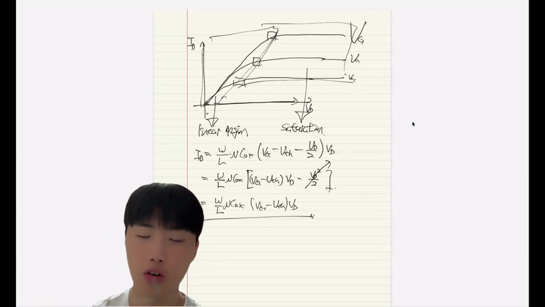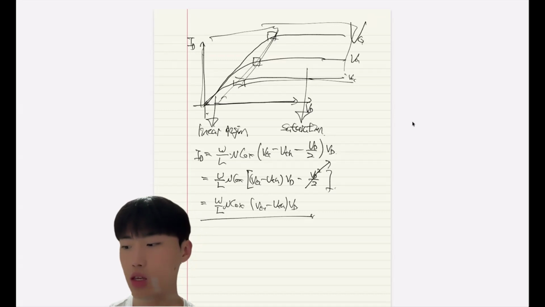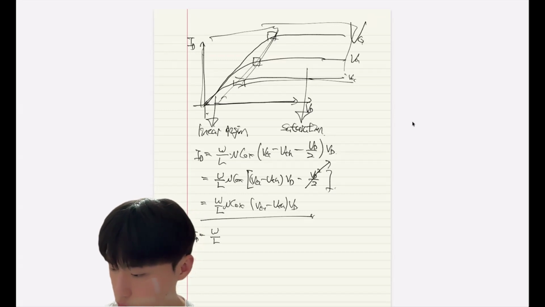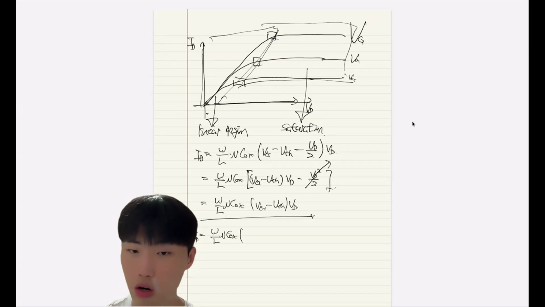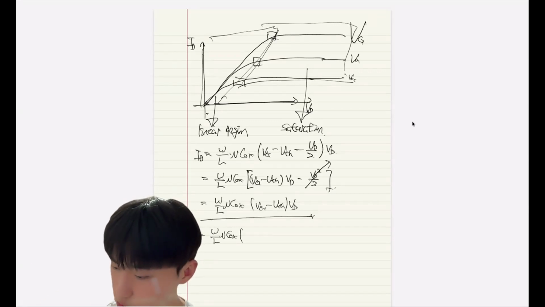For the saturation current, Vg minus Vth is equal to Vd, and that will be the edge of the saturation region.